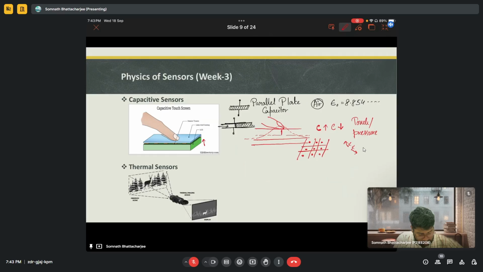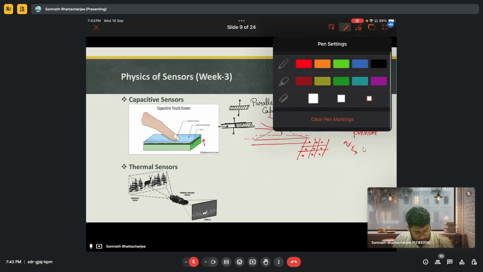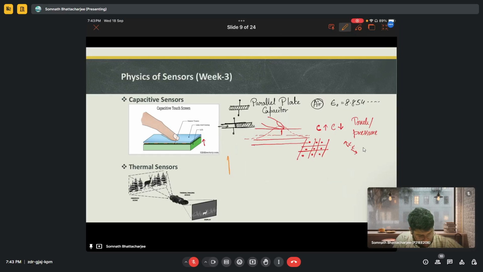The basic architecture of the touch sensor looks like this. We have a microcontroller here. Let's say this one is a P block and P2 block. Here we have a resistance. Here we have a capacitance. And here we have a touch sensor.